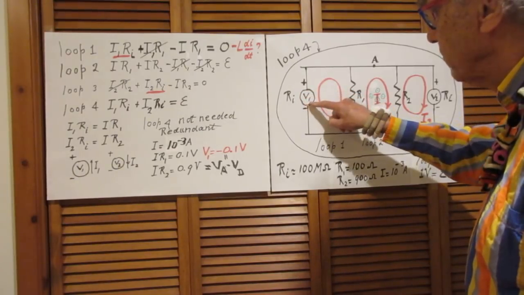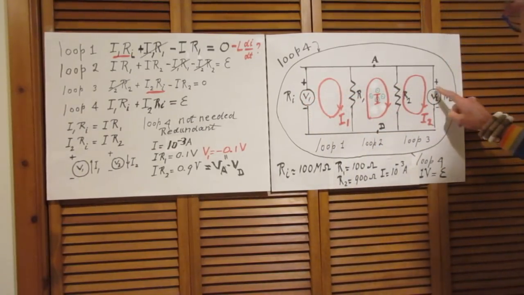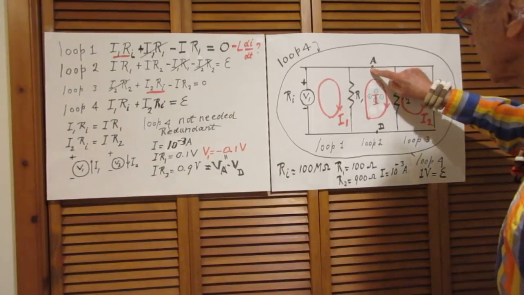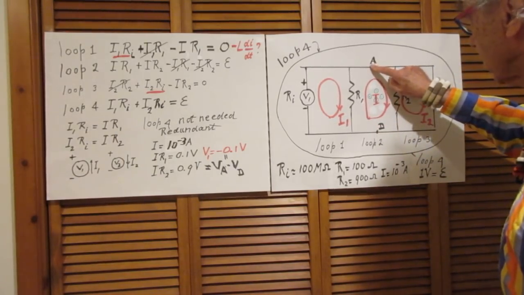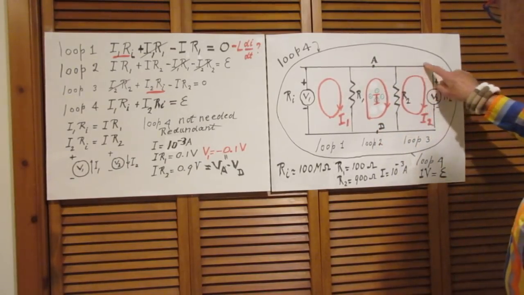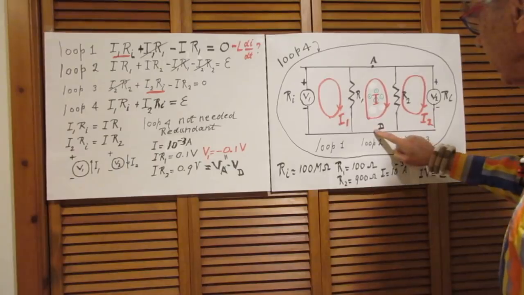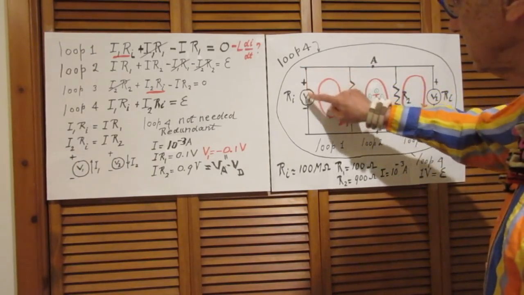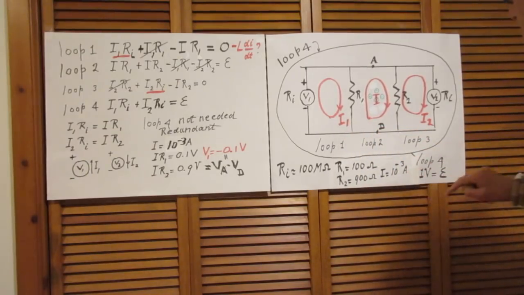This is a voltmeter V1 and this is a voltmeter V2. Both measure the potential difference, if you call that potential difference, between point A and point D. These wires have near zero resistance. This wire has near zero resistance.